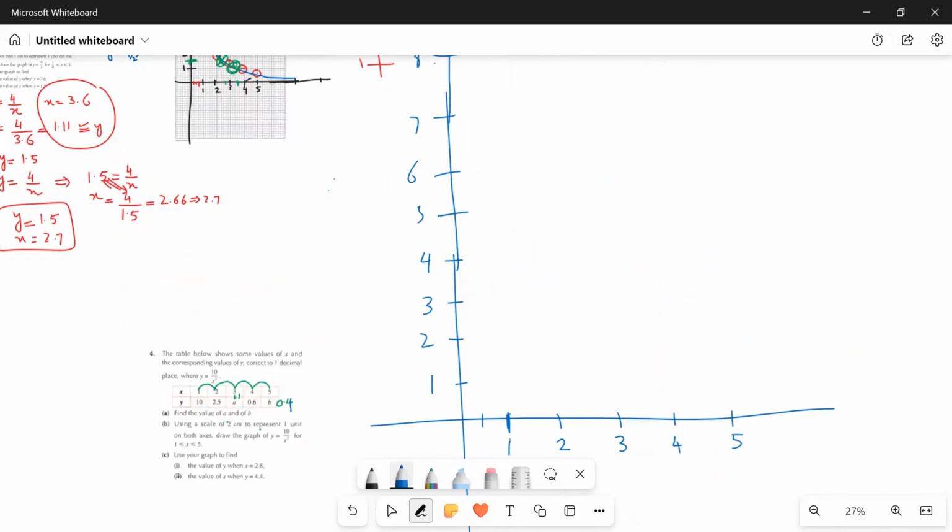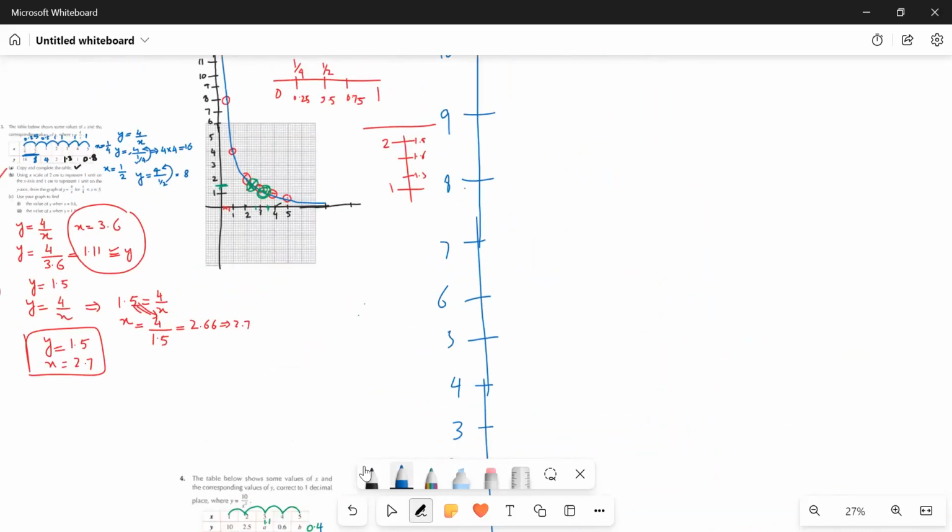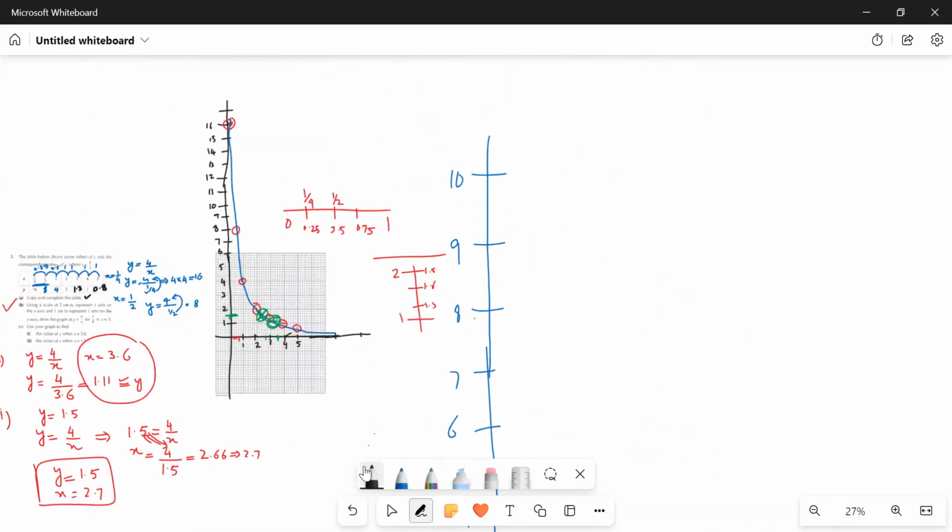So for 1 it is 10. So this will be here.